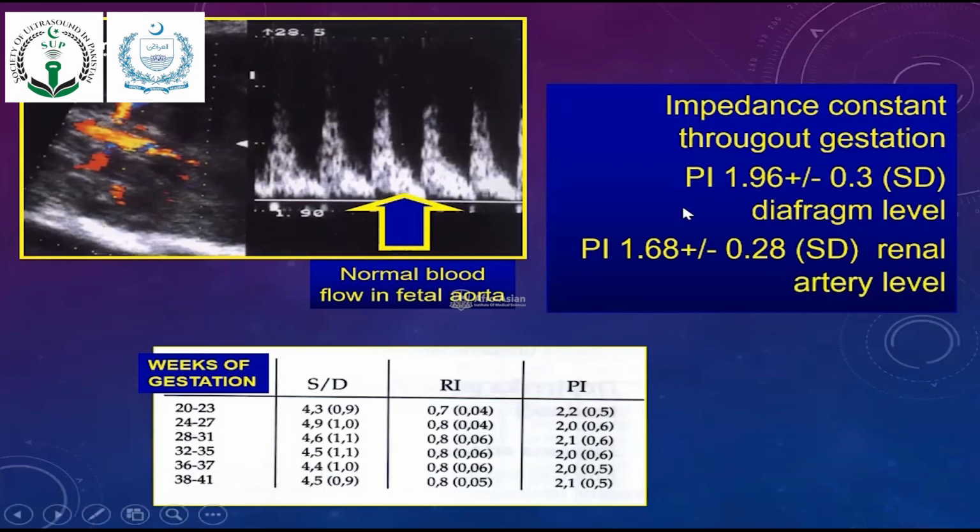Impedance is constant throughout gestation. PI is 1.96 plus or minus 0.3 standard deviations at the diaphragm level, and 1.68 plus or minus 0.28 SD at the renal artery level.